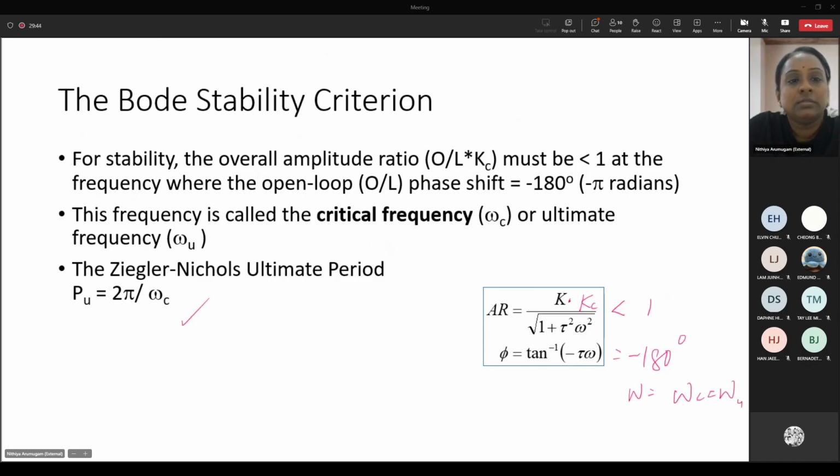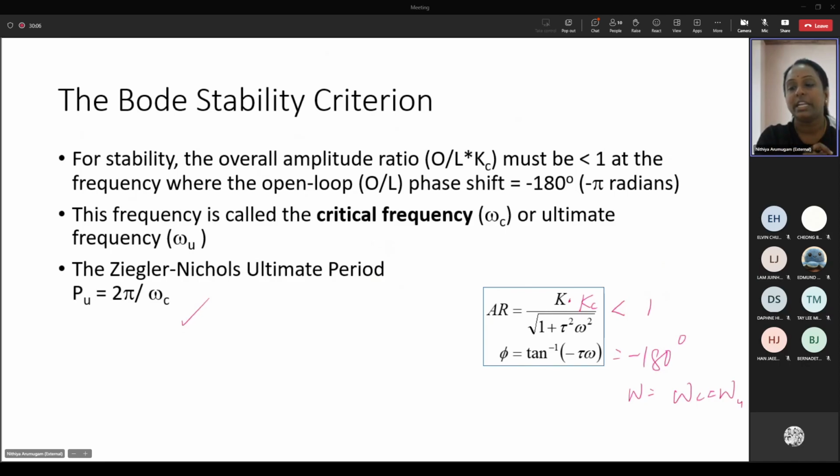Now, the Bode stability criterion. The Bode stability criterion basically has two advantages. The criterion provides exact results, and not approximate results, for processes with time delays. So that is one advantage.